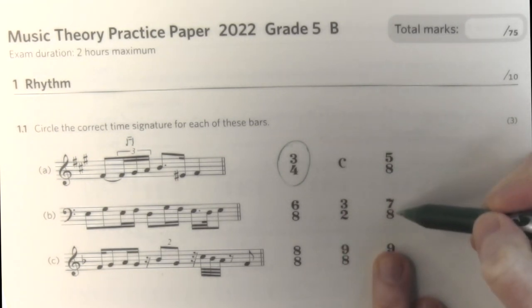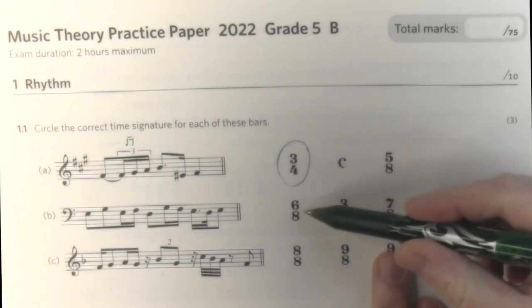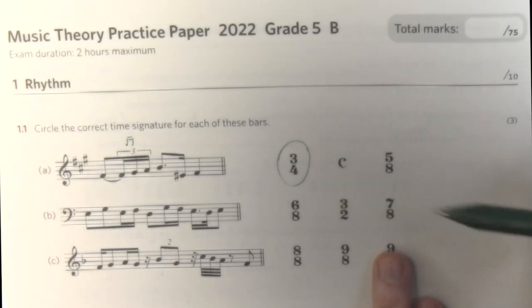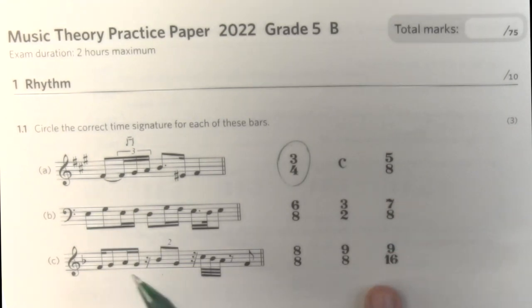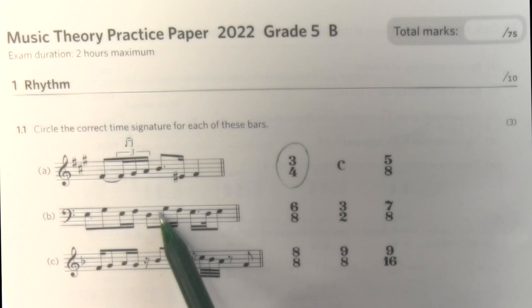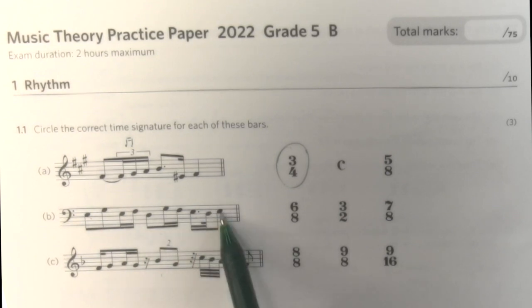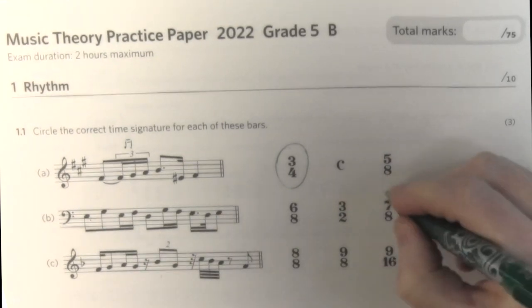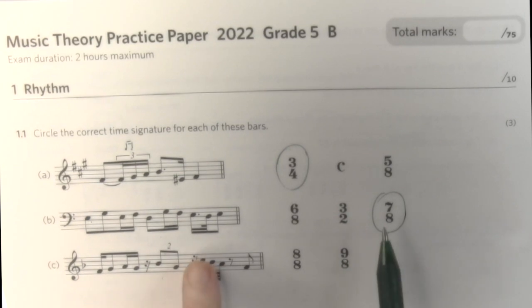So the final question is this: how many quavers do we have? 6 or 7? I would say 7 because it's irregular, as we said, but let's count. 1, 2, 3, 4, 5, 6, 7. So the answer is 7 eighths.